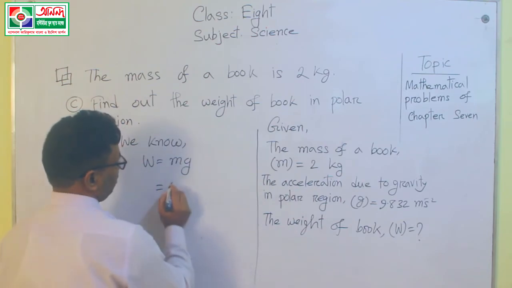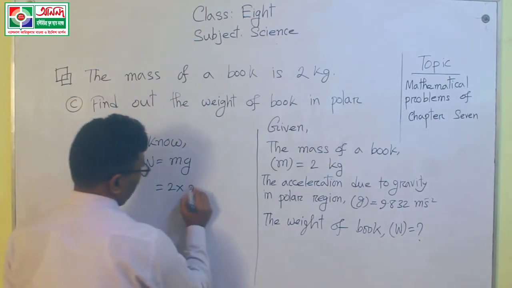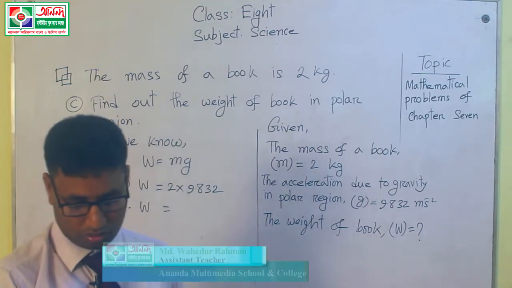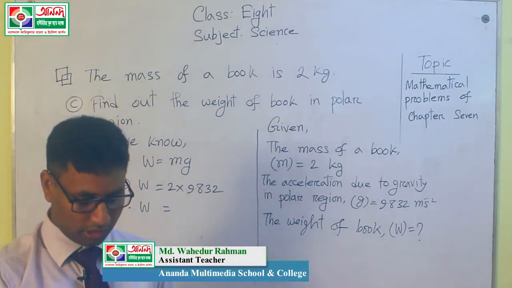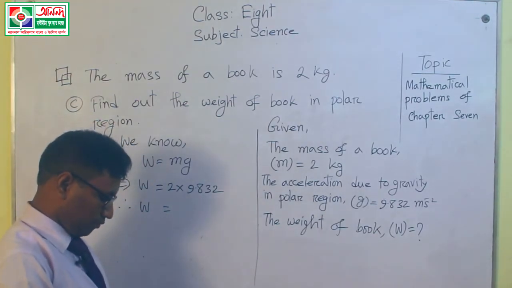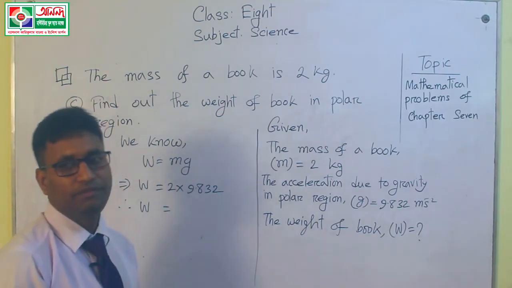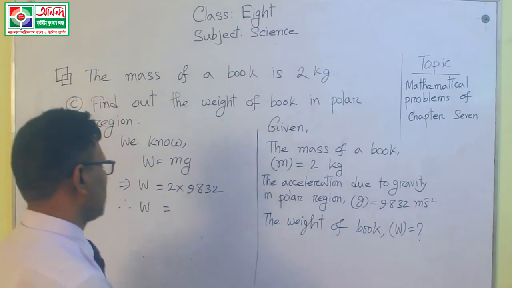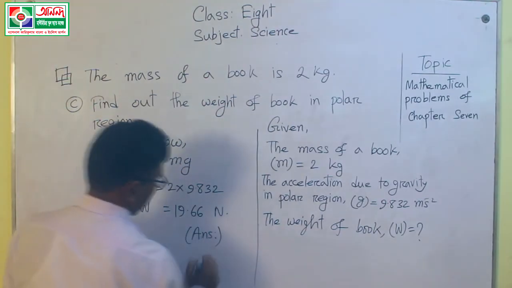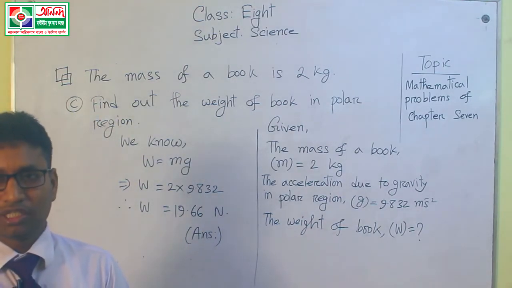Small letter m equal to 2 and small letter g equal to 9.832. Now I will calculate: 2 into 9.832 is 19.66 Newton, and this is the result for the mathematical problem.